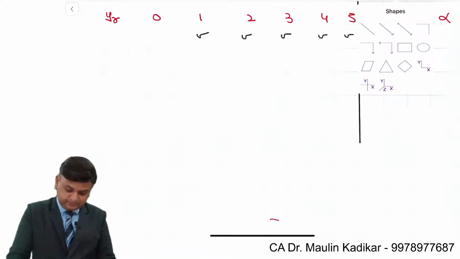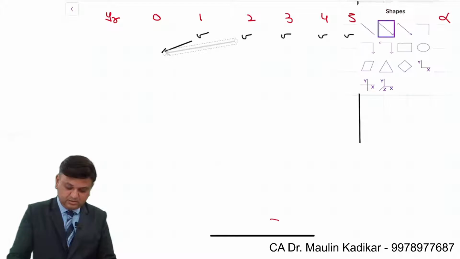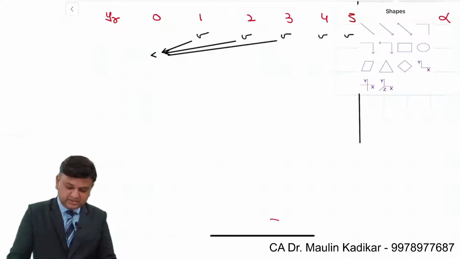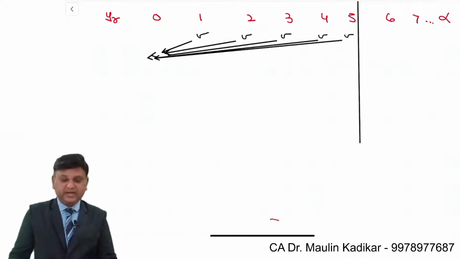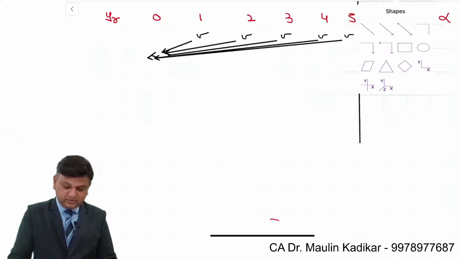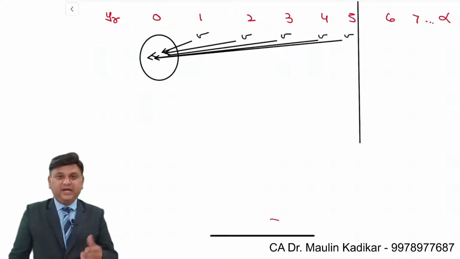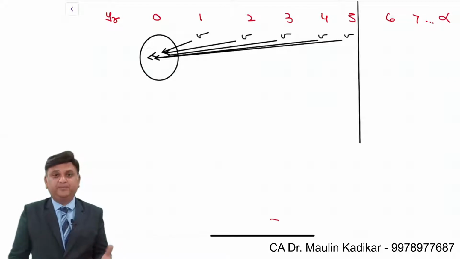So it is first year dividend, second year dividend, third year dividend, fourth year dividend, fifth year dividend. So dividend from end of year 1 to end of year 5 will be discounted in present value term. This is the present value of the dividend, and this is one of the price components that I am ready to pay.